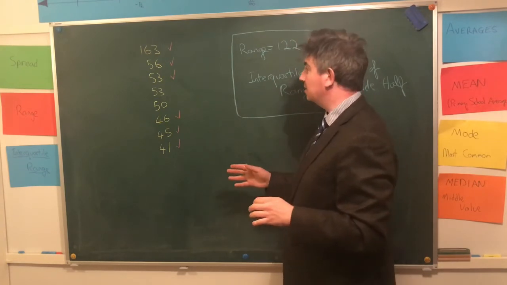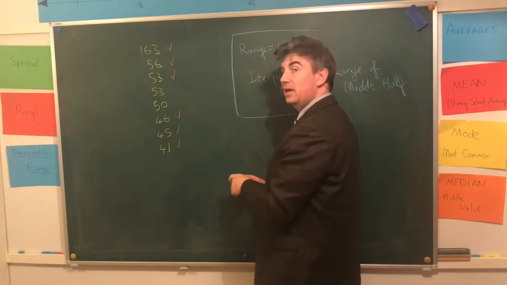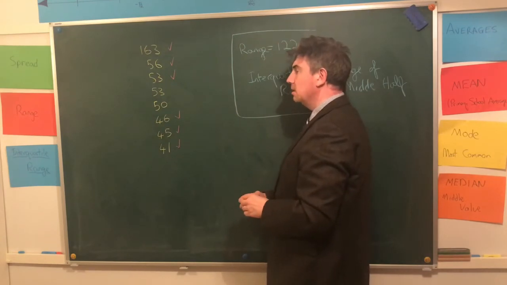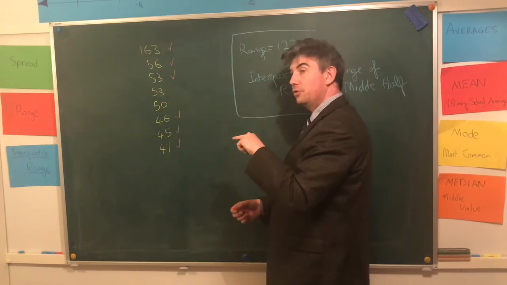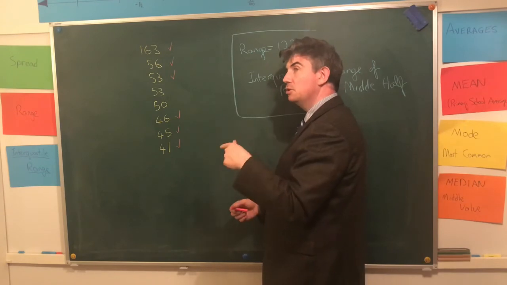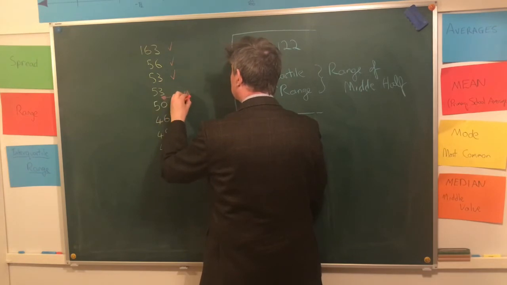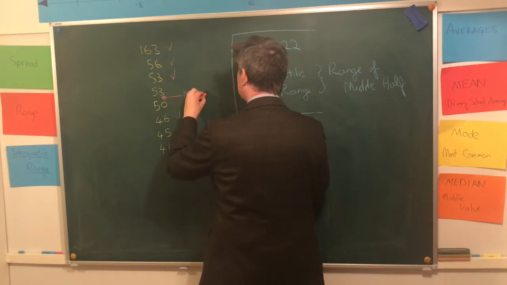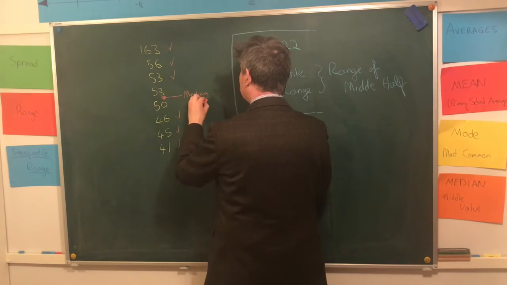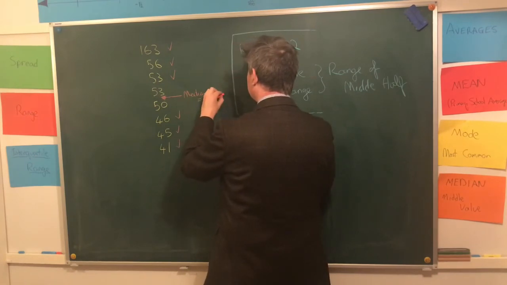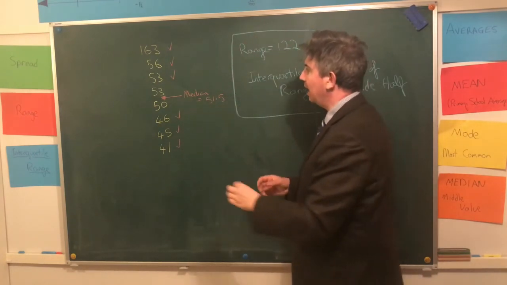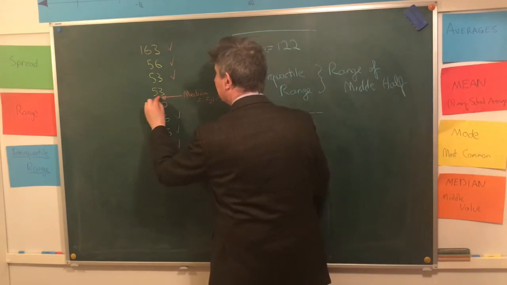Instead I add these two together and divide by 2. Remember that from yesterday? I add them together, I get 103. If I divide that by 2, I get 51.5. So our median is equal to 51.5. I've worked out what's halfway, and halfway is in here.